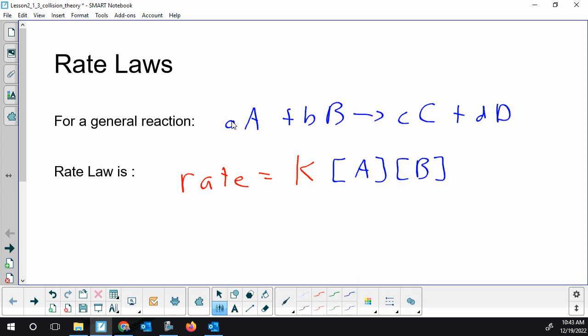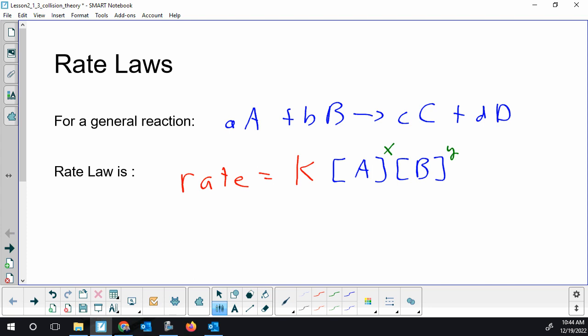Okay? Now the power of A, I'm putting in X. It is not little a. It might be, but it easily may not. The power of B is not little b, it is Y, which may or may not again be little b.